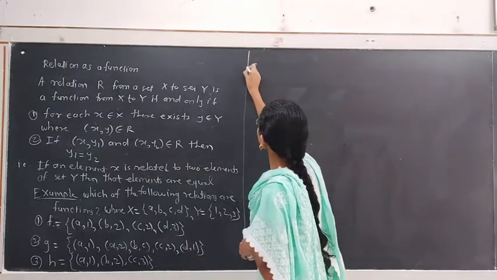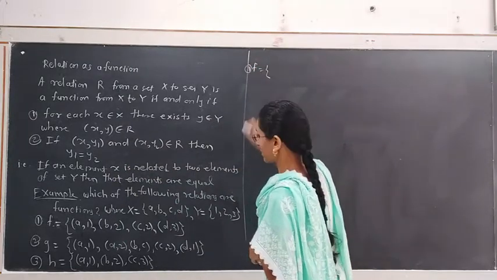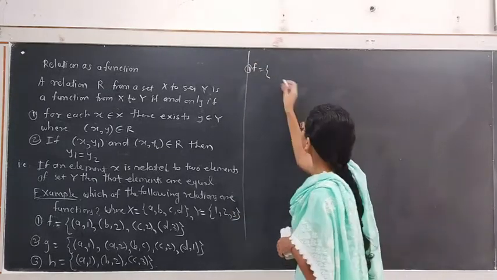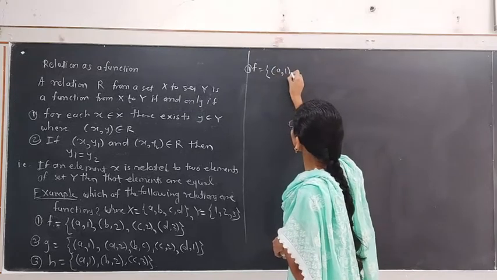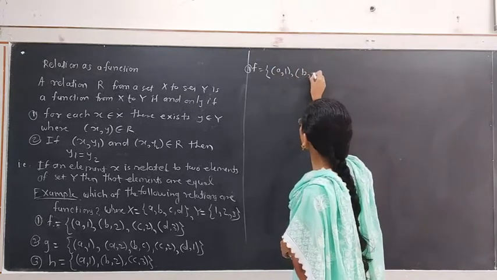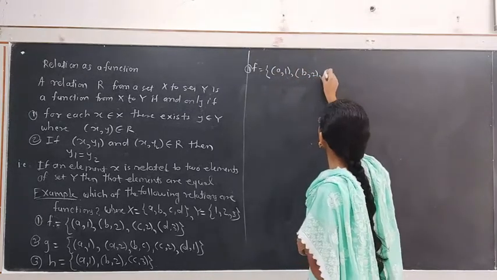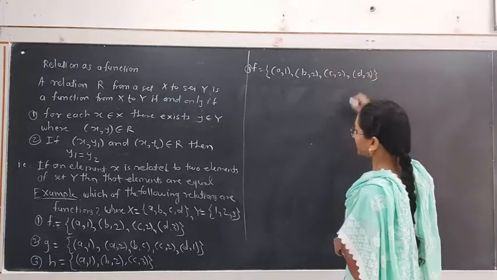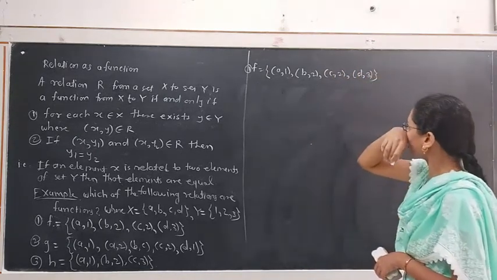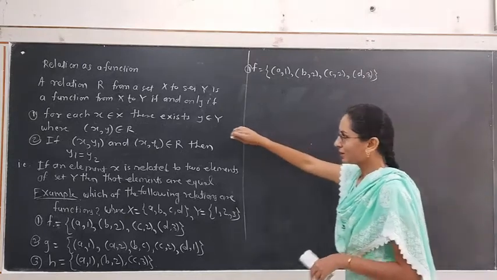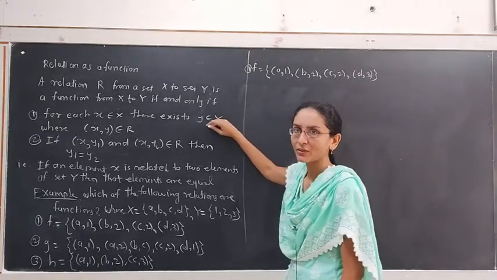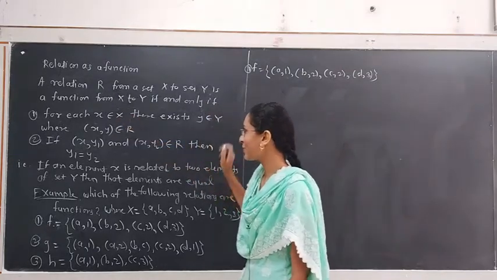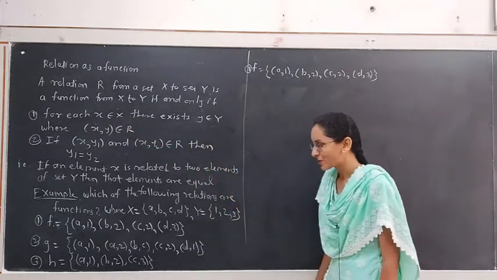See, relation F is given as a set of 4 ordered pairs (a,1), (b,2), (c,2), (d,3). What is the rule? Any relation is a function from X to Y if for each x belongs to X, there exists y belongs to Y. Which are the elements of set X?